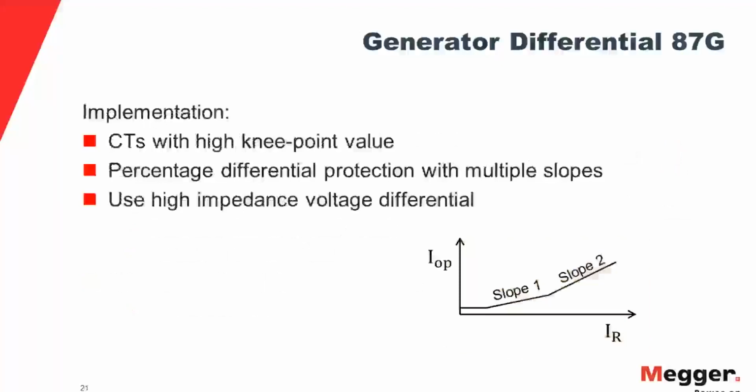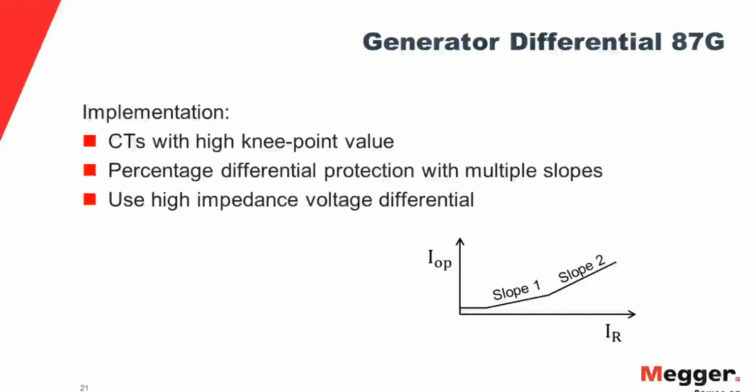So when this asymmetric CT saturation happens because of a fault external to the system, your differential protection may get affected. The other factor that could cause the asymmetric saturation is the presence of DC current in the system that could be from the generator characteristic itself.